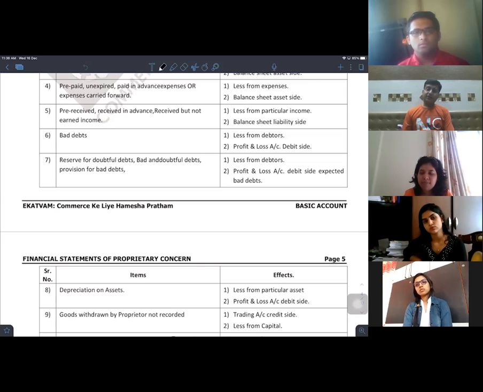So one effect of prepaid expense will be subtracting from the respective expense, and the other effect will be showing that in the balance sheet asset side. Am I clear?